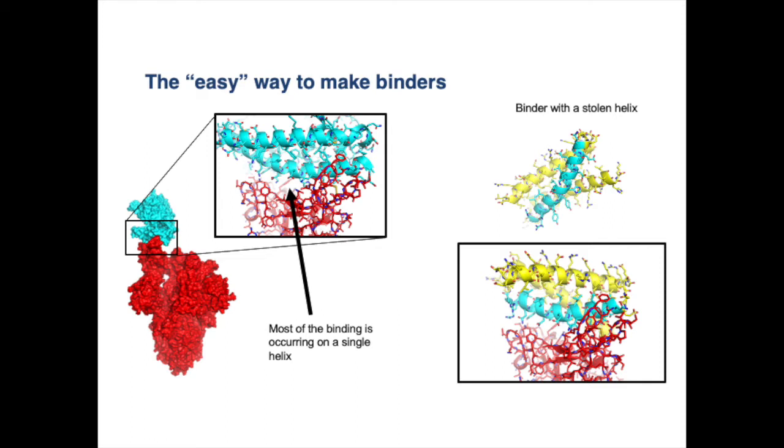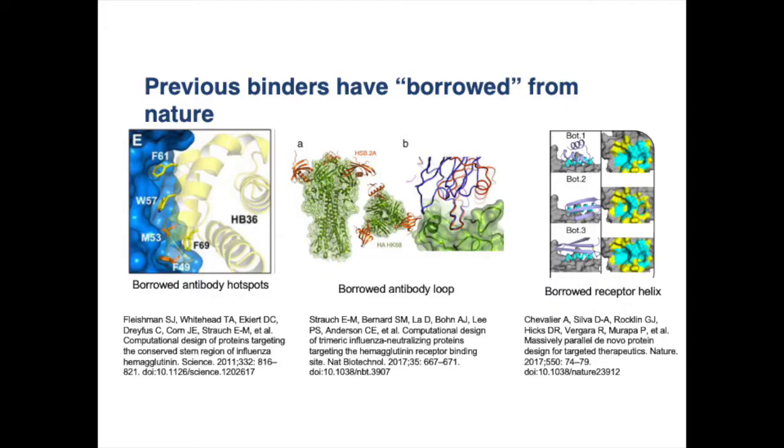And that allows us to take that PDB and steal the binding interface from the ACE2 spike interaction and then graft it onto some other scaffold protein that may have better properties like being smaller than ACE2 or more thermostable, and so on. Lots of previous work has done this trick of doing what's called motif grafting, which is identifying a natural binding interface and using it to create a new protein.